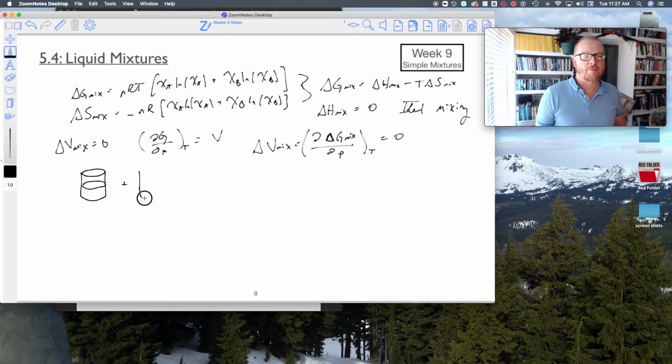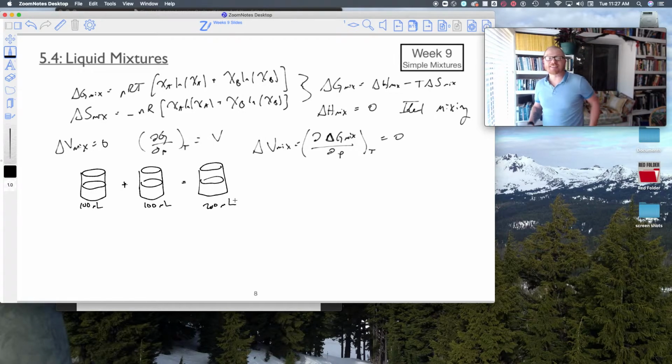Suppose we mix two liquids together and they form an ideal solution, and I've got 100 milliliters here and 100 milliliters here. Well, 4 years of a chemistry degree should tell you that it makes 200 milliliters. And if that's the case, then it is ideal.